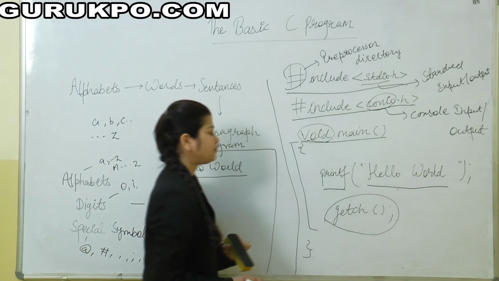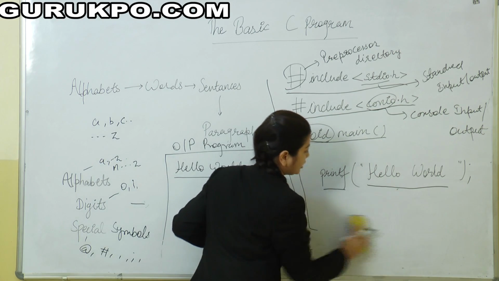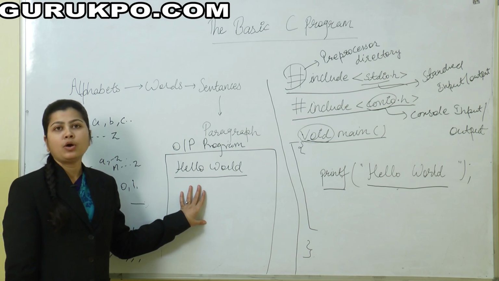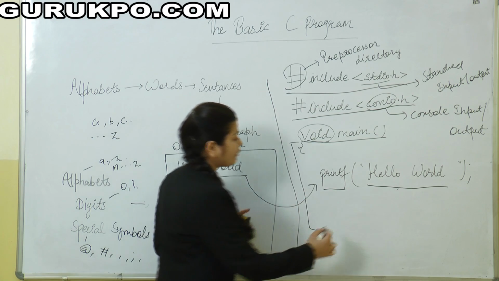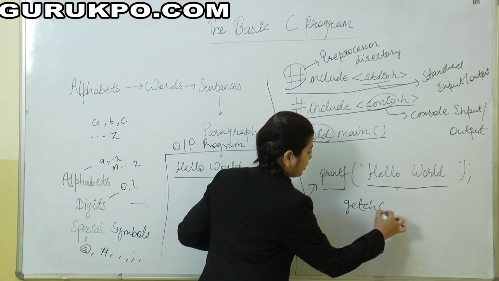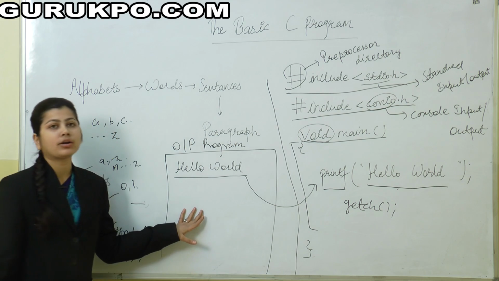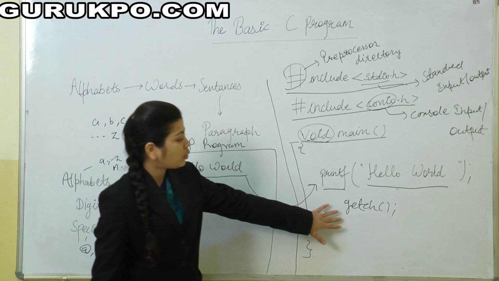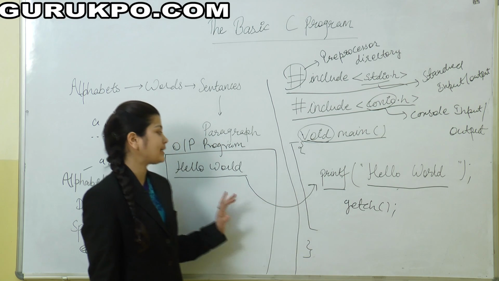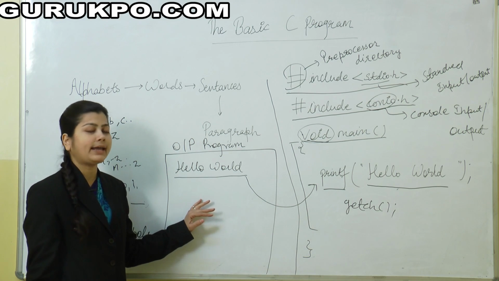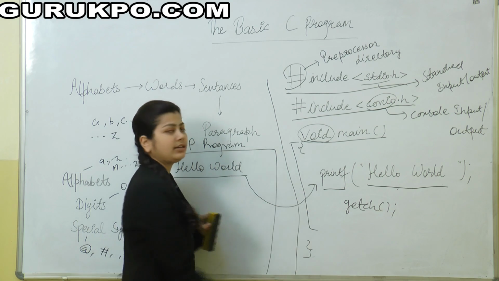The getch function is used in the program because if we do not use it, the output window displays only for a fraction of a second and returns to the editor window. So if we write getch at the end of our program, the output window waits for an instruction. This function is only for getting a single character input. After pressing any symbol, alphabet or key, the output window goes back to the editor window.